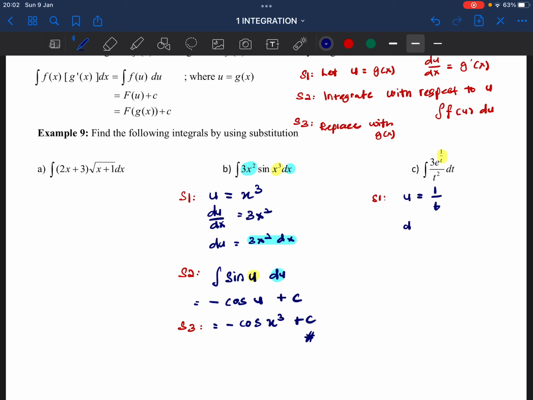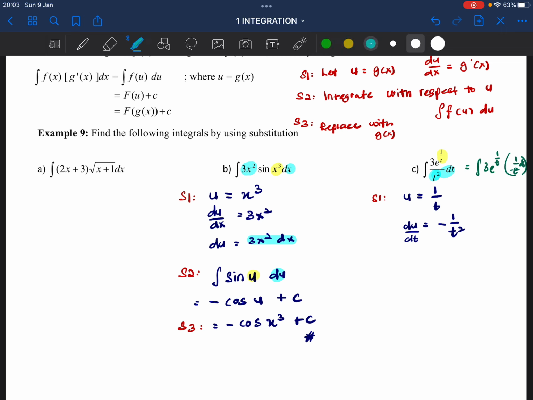Differentiate. Remember, differentiate, not integrate. So differentiate 1 over t, you get negative 1 over t square. This one is du over dt. So you want to make 1 over t square dt. This part here can be written as 3e 1 over t square dt.